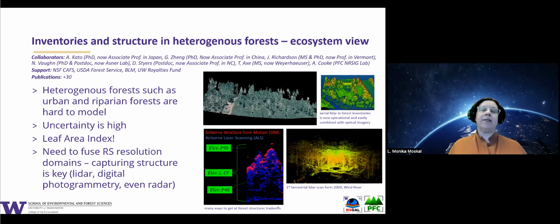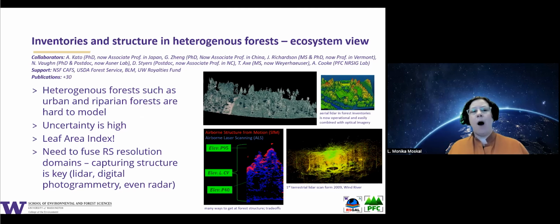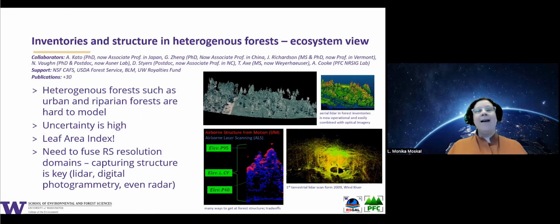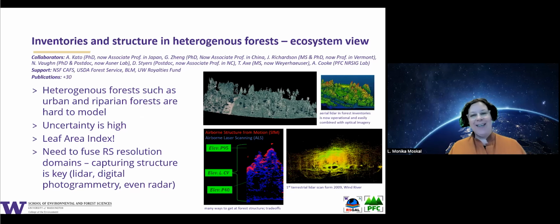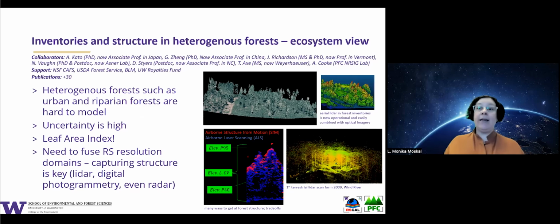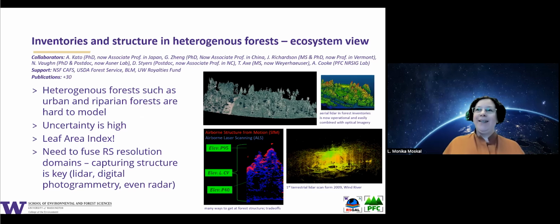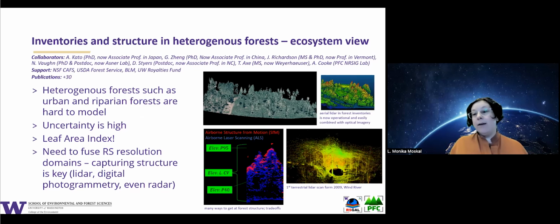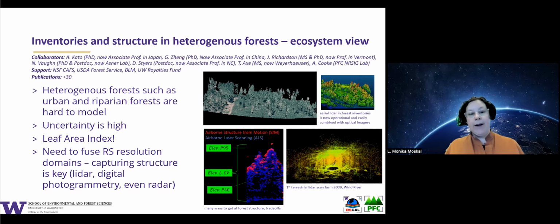That's what I'm interested in, those forests that are really hard to model. Urban forest, riparian forest, not one species, extreme topographies. That's when it gets exciting for me, because that's when high resolution data, hyper resolution data really shines, including LiDAR, but not only limited to LiDAR.